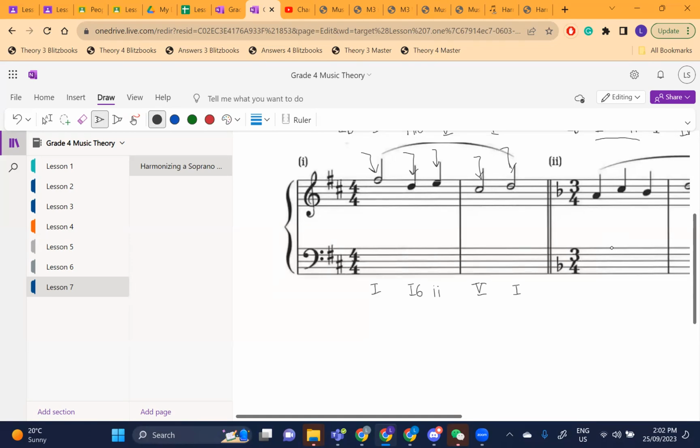Steps, not leaps. Another main indication of a passing note is that it is on a weak beat of the bar.